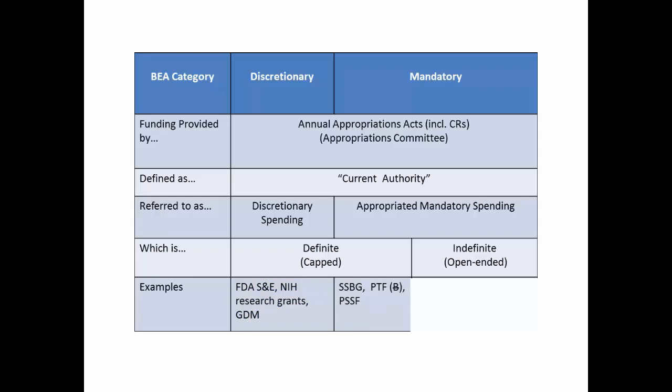Examples of definite or capped mandatory appropriations include social services block grant, payments to healthcare trust funds, excluding the Part B matching payments, and a portion of the Promoting Safe and Stable Families account. Examples of indefinite or open-ended mandatory appropriations include Medicaid, child support enforcement, foster care, retired pay, and payments to healthcare trust funds, Part B matching payments.